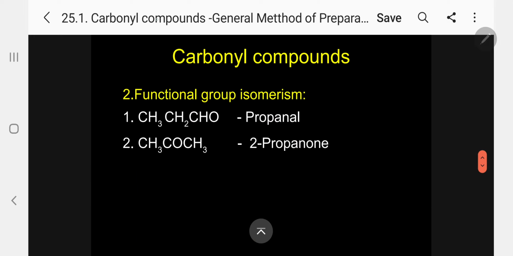Functional group isomerism means compounds having the same molecular formula but different functional groups. This is an aldehyde, propanal. This is a ketone, acetone, 2-propanone. So these have the same molecular formula but different functional groups, CHO and CO, so they exhibit functional group isomerism.